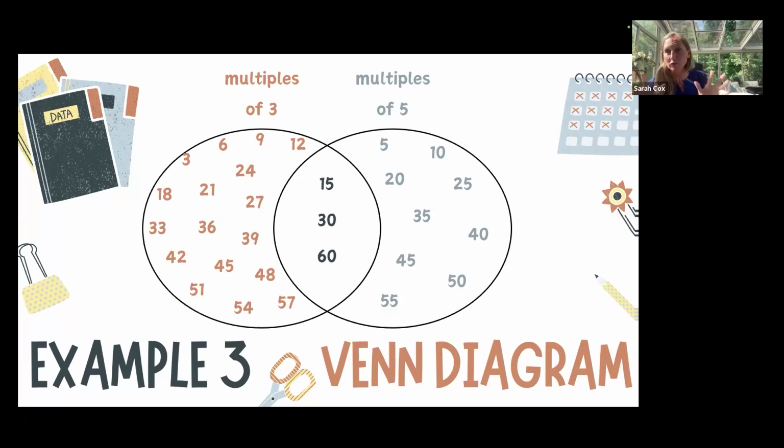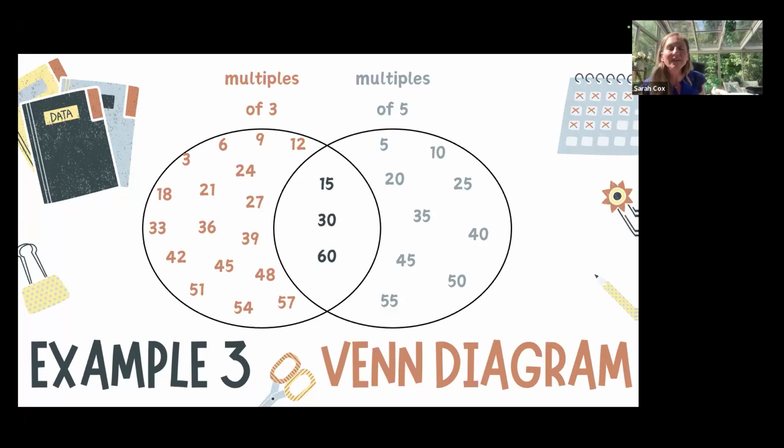And I've used two different colors again to provide an additional visual aid. What are multiples of 3? They are all listed here in orange. What are multiples of 5? They are all listed here in blue. And the slate gray in the middle are the multiples that are shared by both 3 and 5.